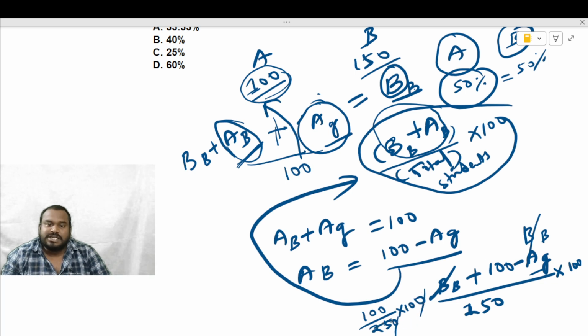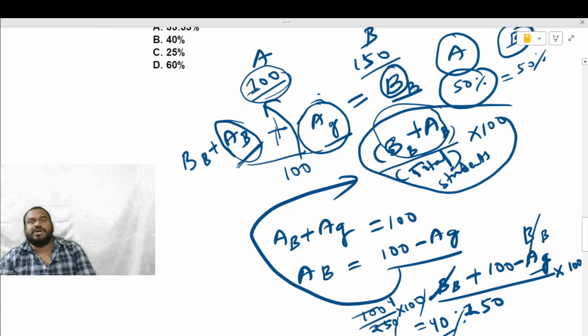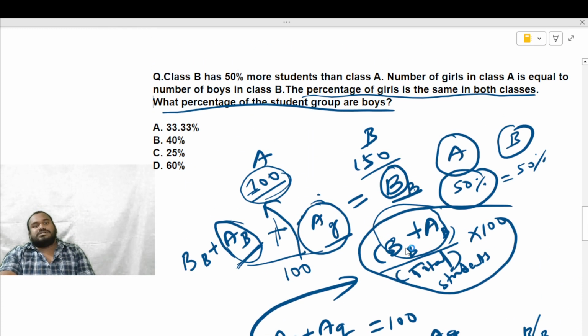I'm just converting my available parameters into numericals to make it solvable. So 40% is the total number of boys out of the two classes A and B together. So option B is the correct answer.